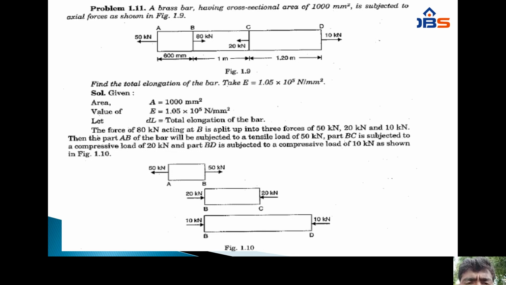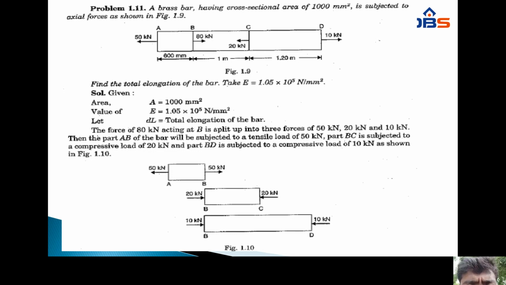Take E equal to 1.05 into 10 power of 5 Newton per mm square. In this problem, the area A equal to 1000 mm square, E equal to 1.05 into 10 power of 5 Newton per mm square, and delta L equal to total elongation of the bar. This figure is divided into three portions: AB, BC, and CD.